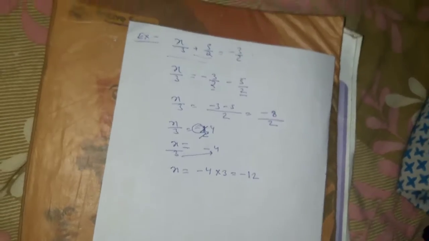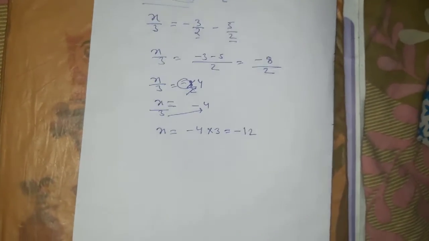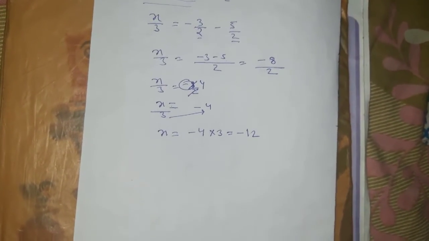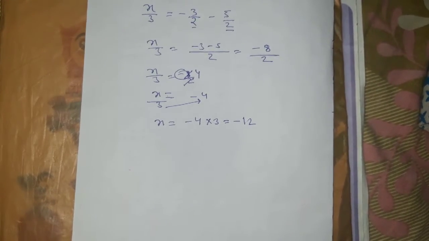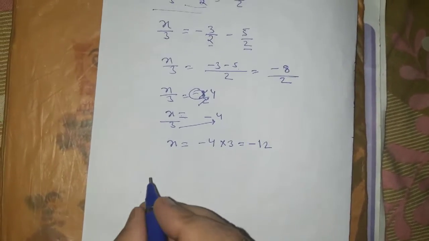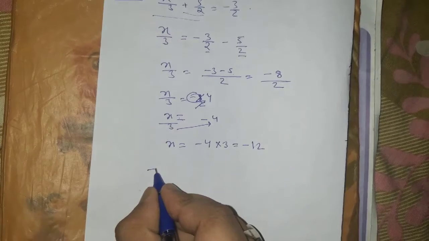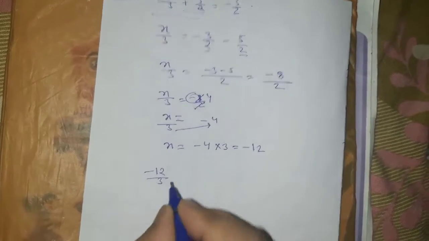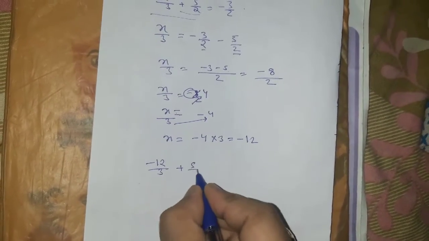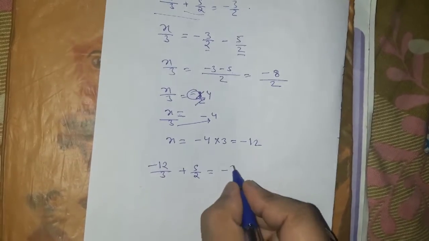Now put the value of x in the equation, and if both sides are satisfied, then it is proved, otherwise not. So minus 12 upon 3 plus 5 upon 2 equal to minus 3 upon 2.